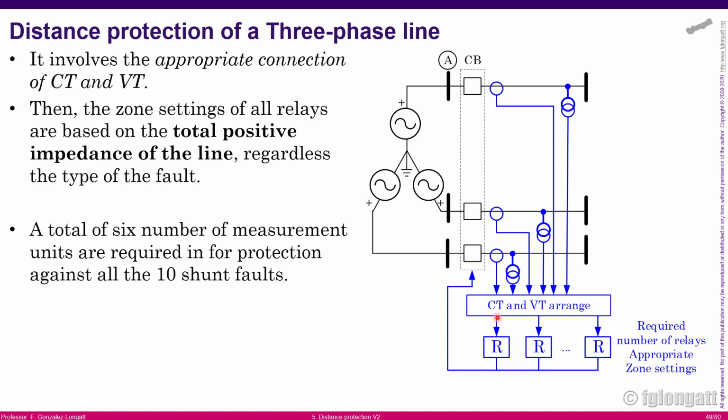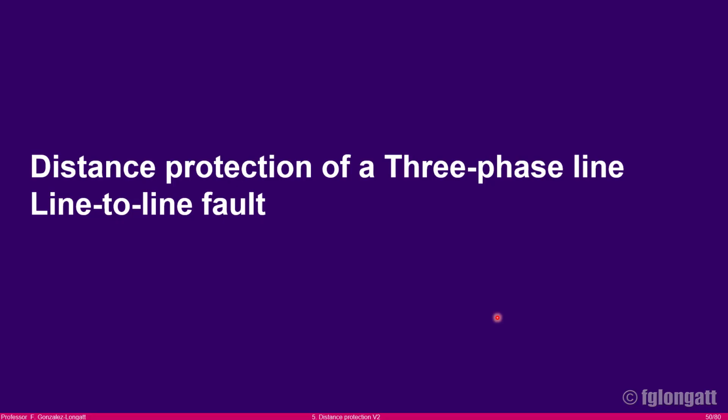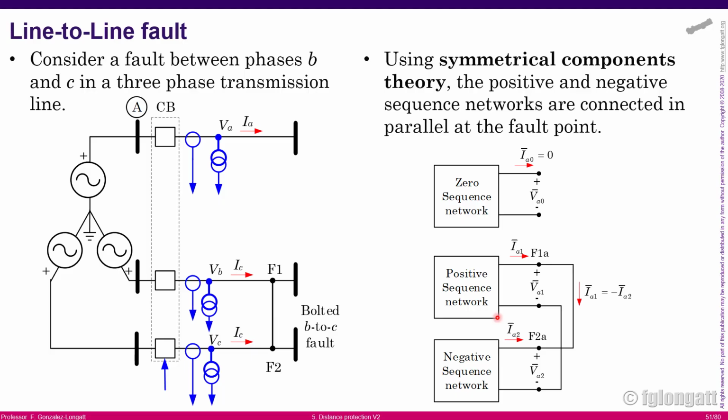Now what I will do is the following. I would like to do a very important theoretical discussion about the implication of having distance protection on a three-phase line when there are some faults, okay? And I would like to start this discussion with one of the faults, and that is the line-to-line fault, okay?